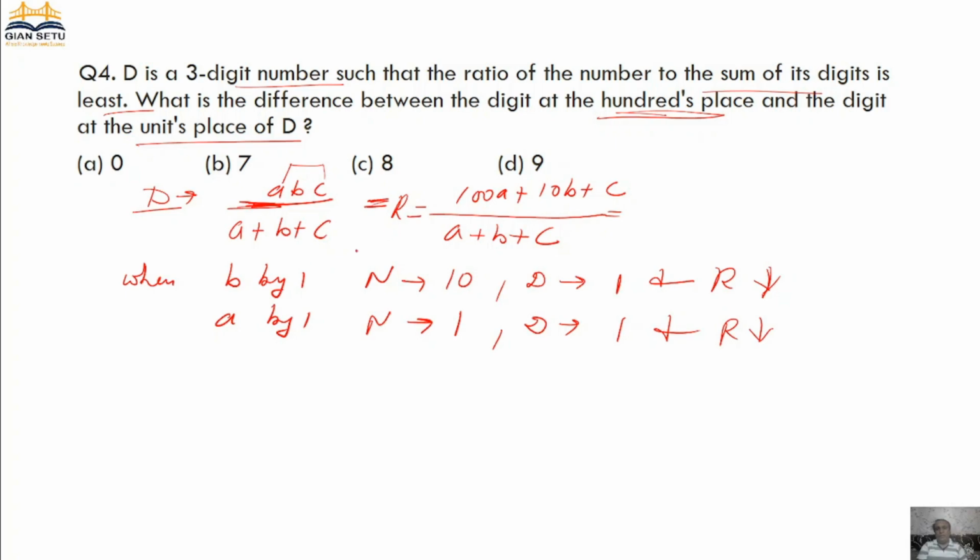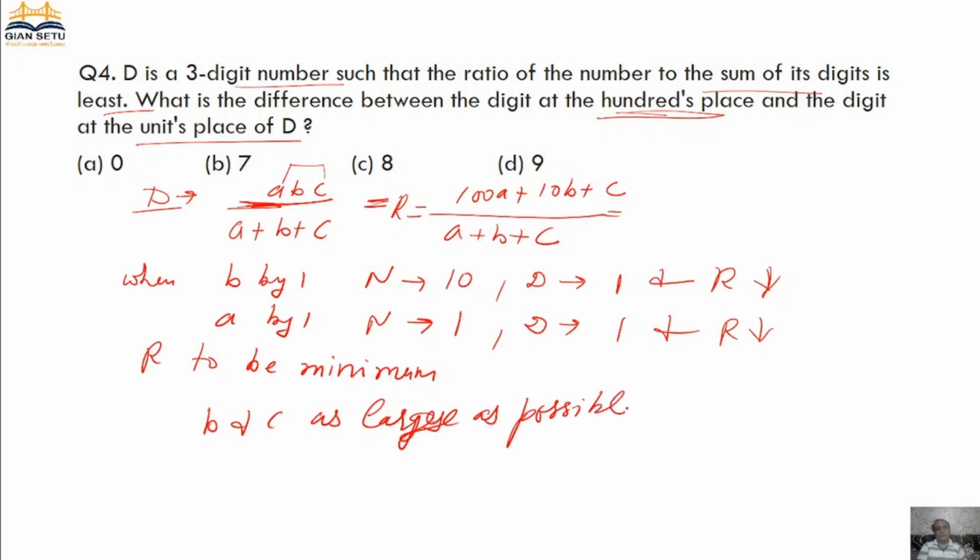Now for this ratio to be minimum, we must have B and C as large as possible, right?